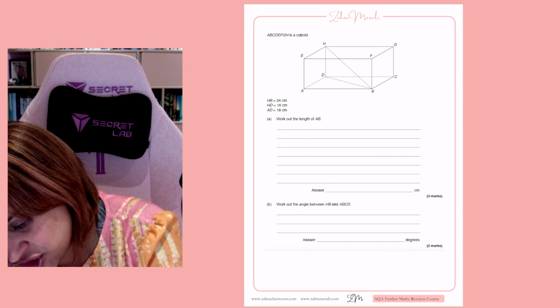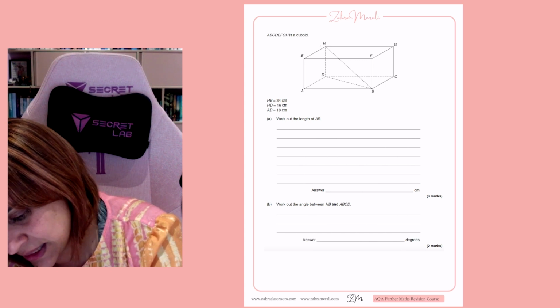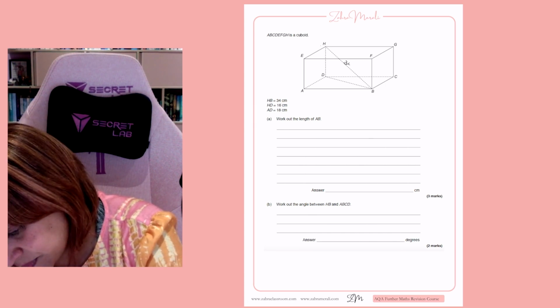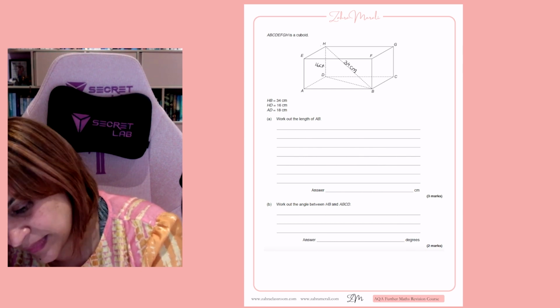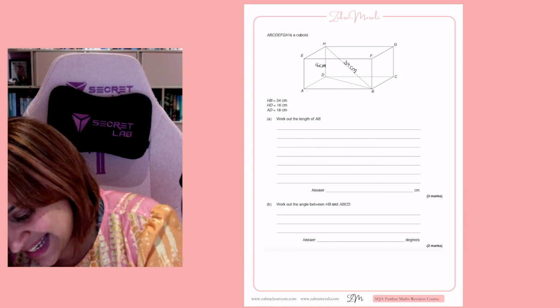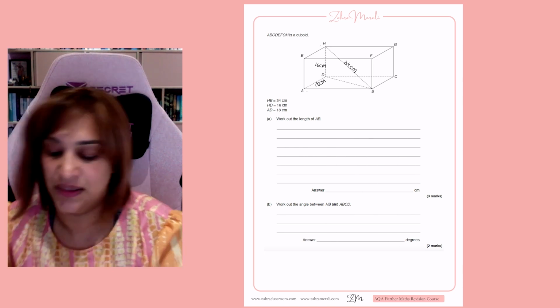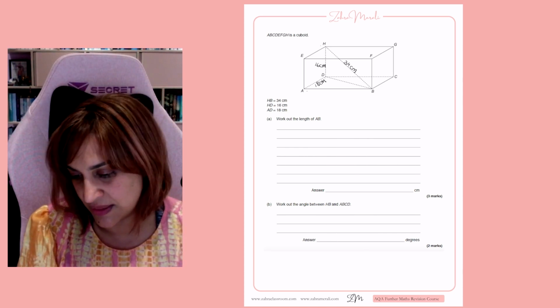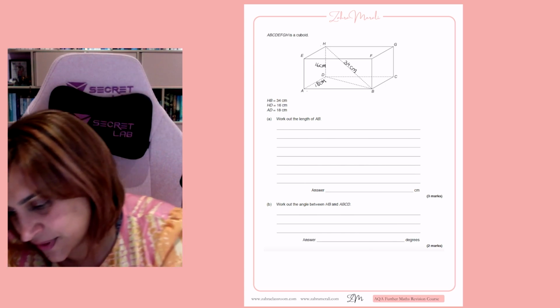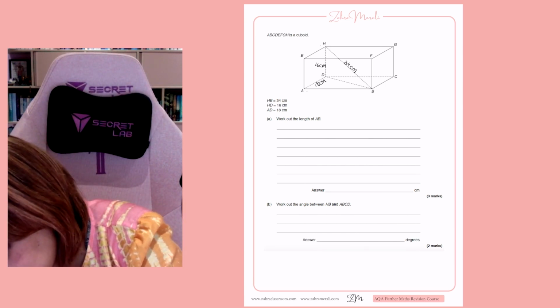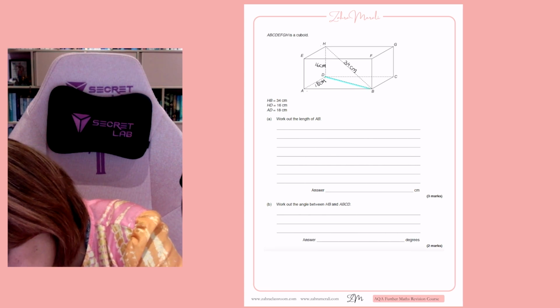We know that HB is 34. We know that HD is 16. AD is 18. So we've got a few things there, and we want to find A to B. What we can find easily is D to B, because we've got a triangle here.